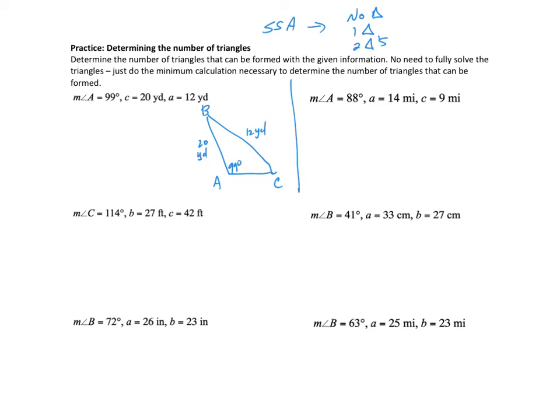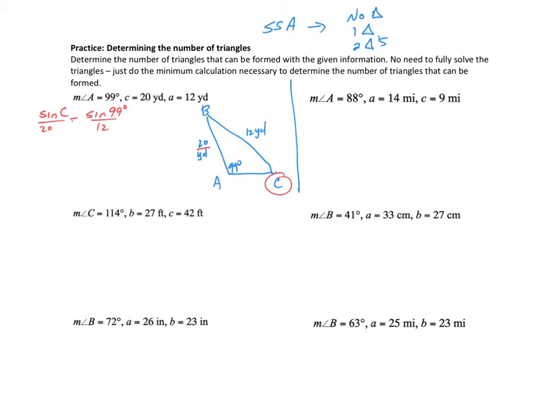Now I am going to start using the law of sines and see how far we need to go in order to determine how many triangles we have. I'm going to begin by trying to find angle C, because I know little c and the side length opposite it. So sine of C over 20 is equal to sine of A, 99 degrees, over 12.